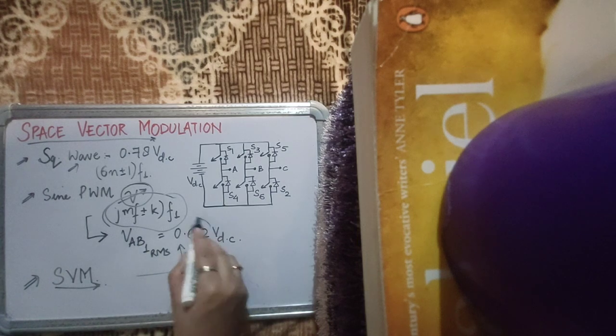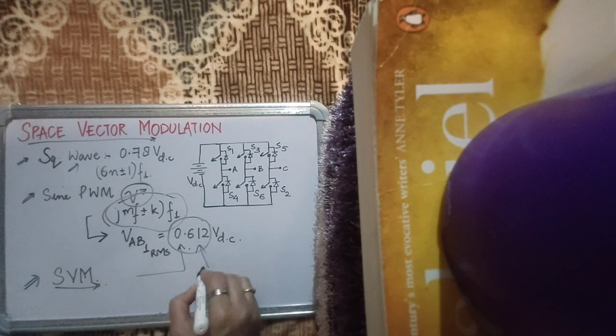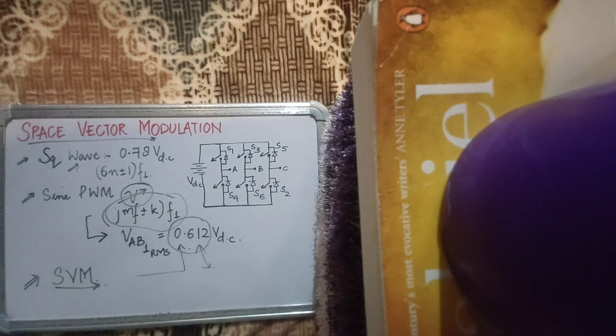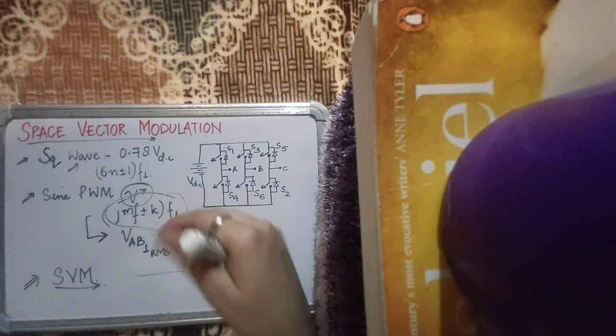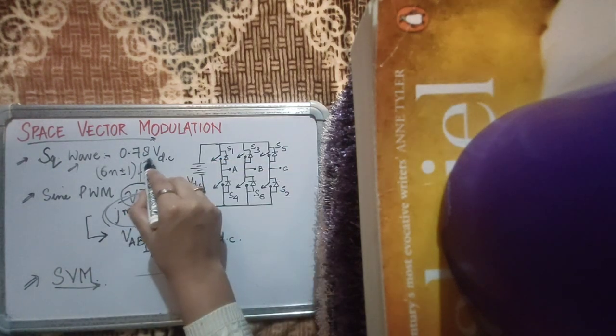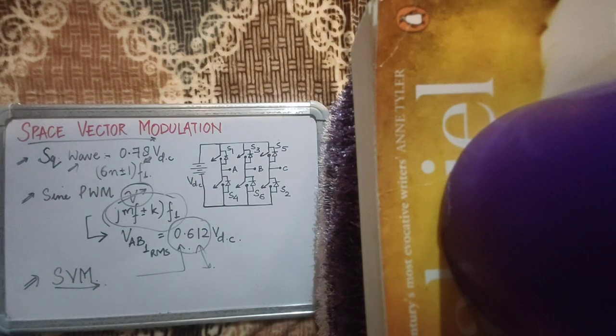So we want voltages greater than 0.612 times, 61.2%, of the input DC voltage. So we want to utilize it slightly more. Obviously it's not possible to utilize it as much as 78%, but maybe we can improve from 61% to some higher value. That we do through the space vector modulation technique.